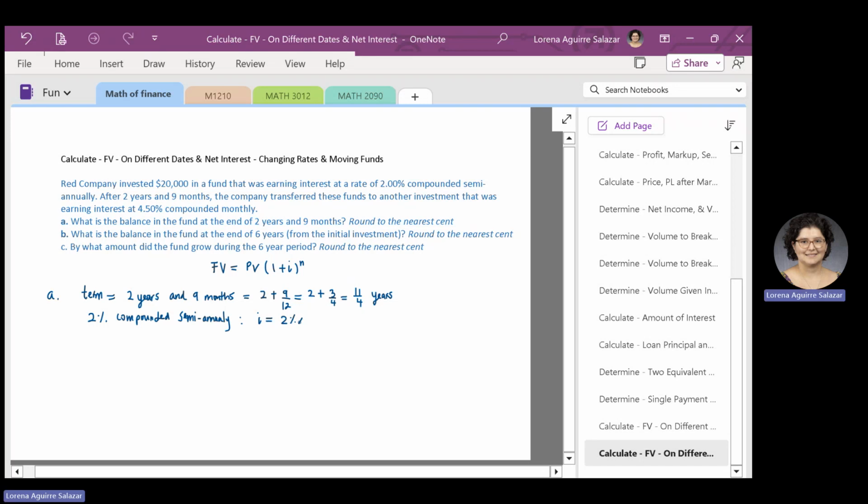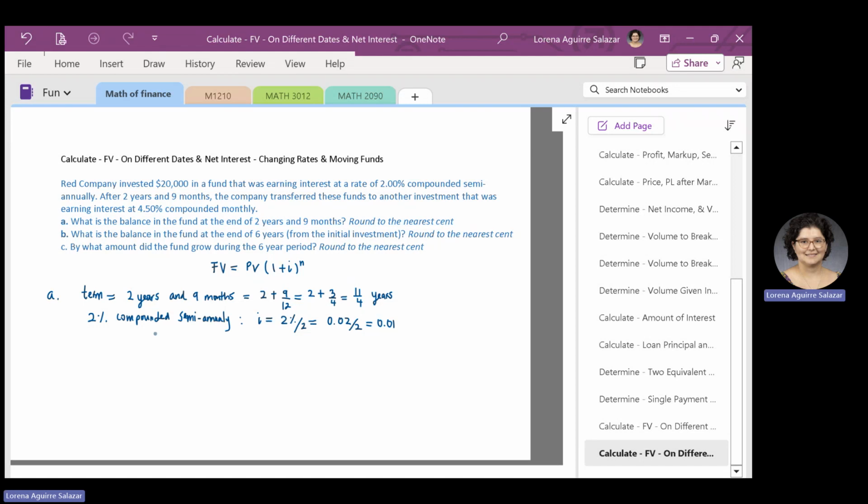We take 0.02, and we divide it by 2, we get 0.01. Okay, so that will be the interest rate per compounding period.